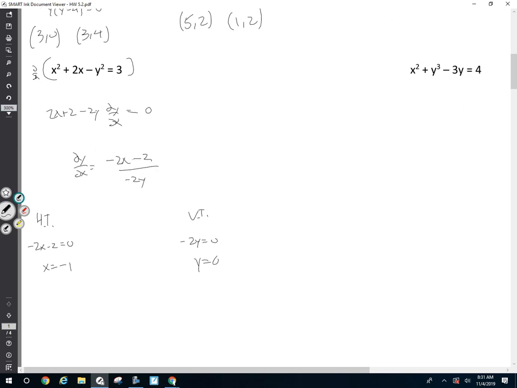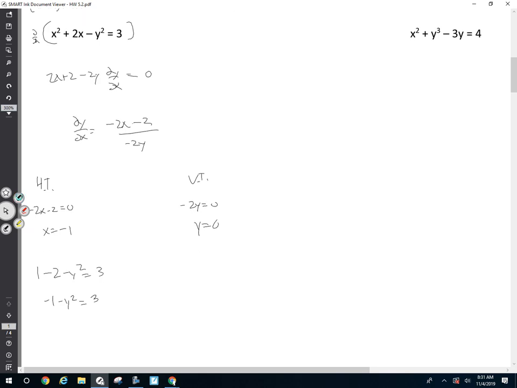So again, let's find the points. 1 minus 2 minus y squared equals 3. That's negative 1. I wonder what's going on here.